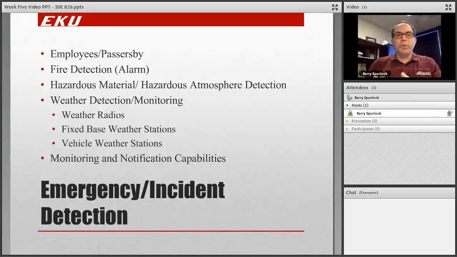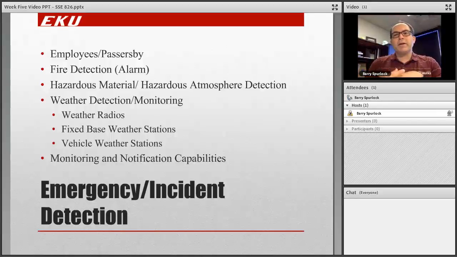So at this point, when we consider that, we know we need to have a robust system that we train employees on: if they detect an emergency situation, what is their action? If they detect a fire, is it to go straight to a pull station? And by pull station, for those of you who may not have a fire background, I'm talking about the things on the wall that you actually grab and pull down in the event of a fire. It sets off the fire alarm, which usually is a signal. That's the notification part for people to evacuate the building.